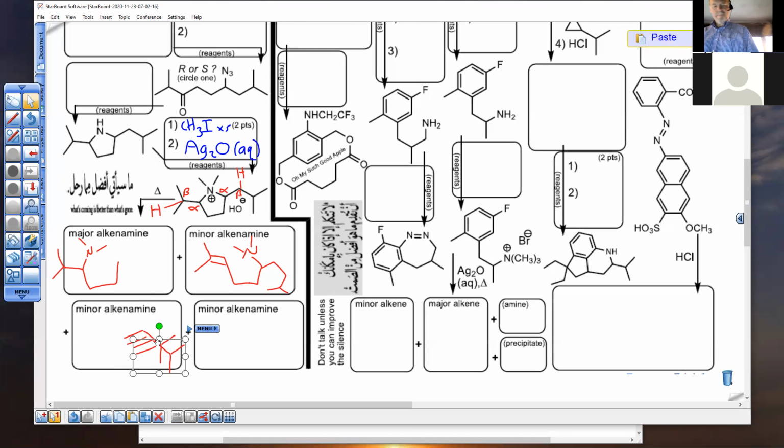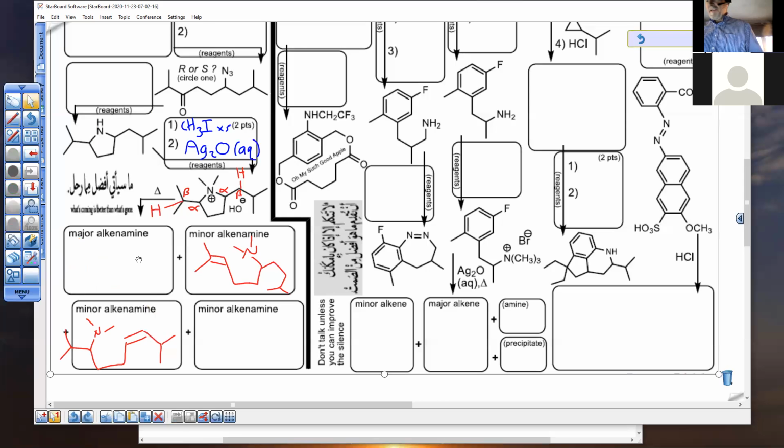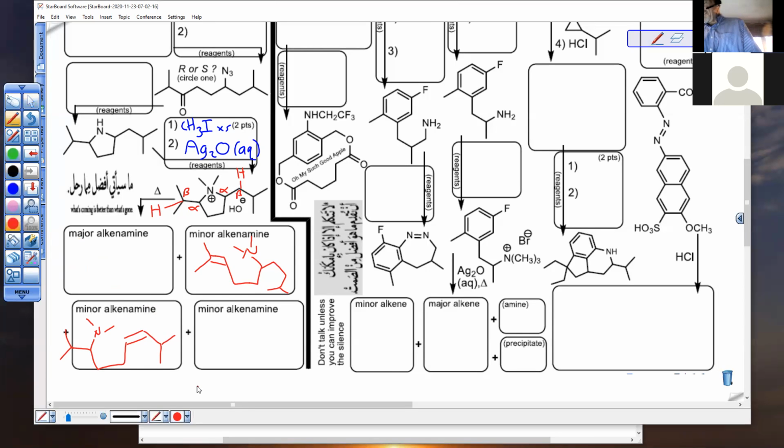Let me move this. And why do I think that's minor now instead of major? I realized I made a Z alkene. I could have made this E. Got to do this. Could have made the E.